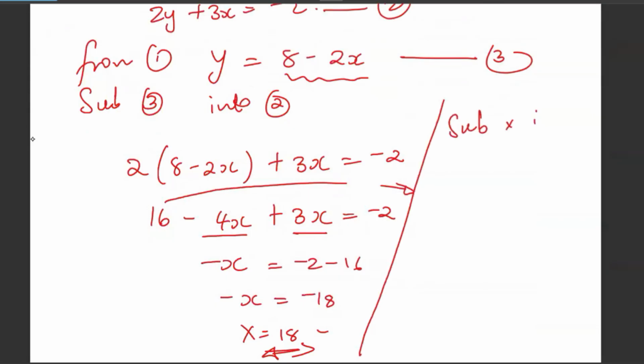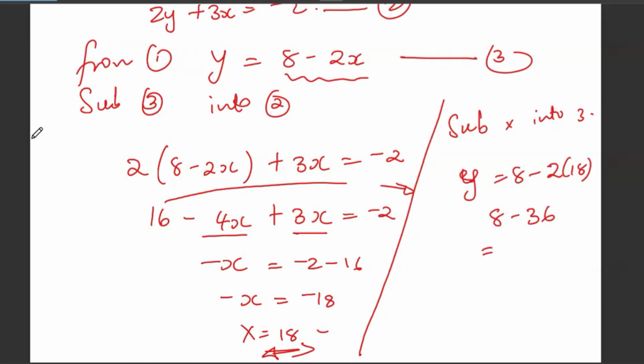So substitute x into equation 3, meaning that y is equal to 8 minus 2 times 18. So 8 minus 36. Does it give us a 24? Nope, people are refusing. It should be something like 18.